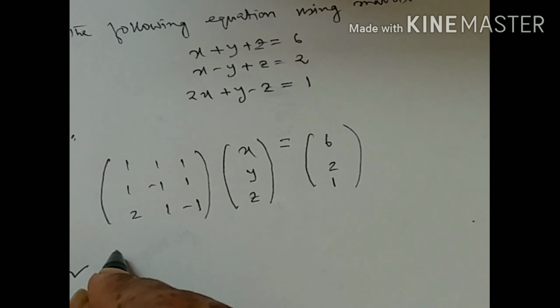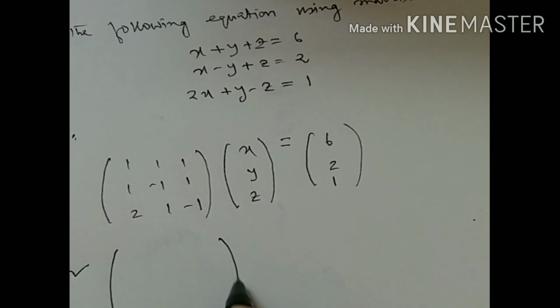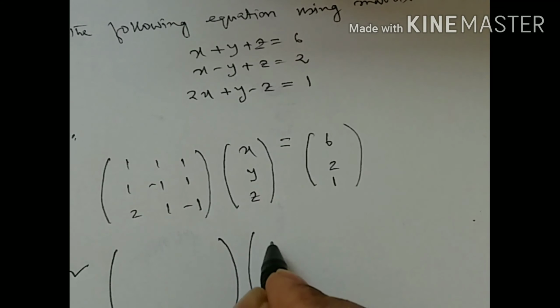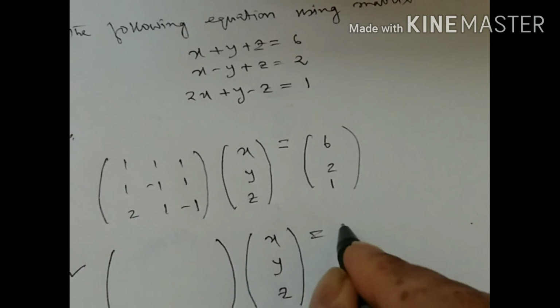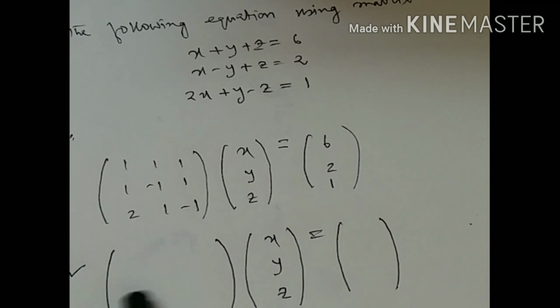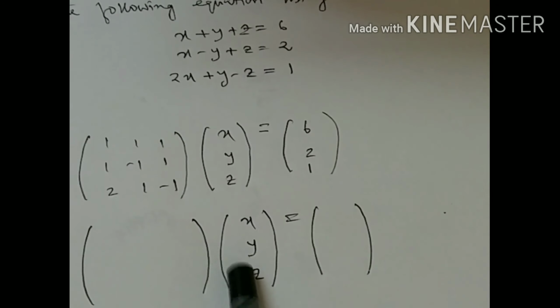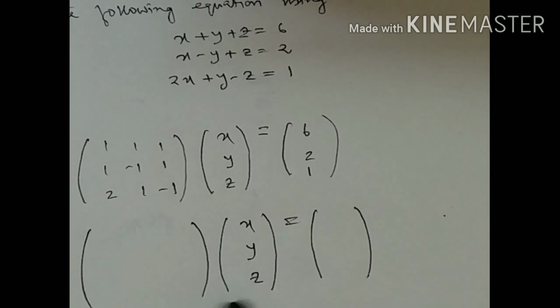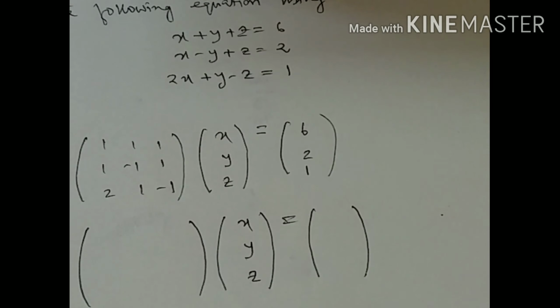The system is equivalent to the matrix equation with x, y, z. During row operations, we will do elementary row operations on these two matrices, not on the unknown matrix. If we do it on the unknown matrix, then the system will not be equivalent.